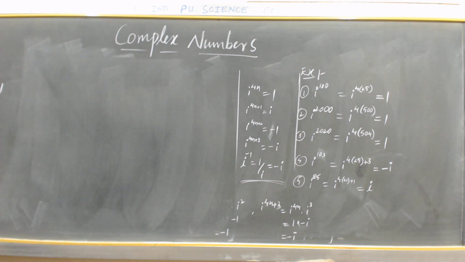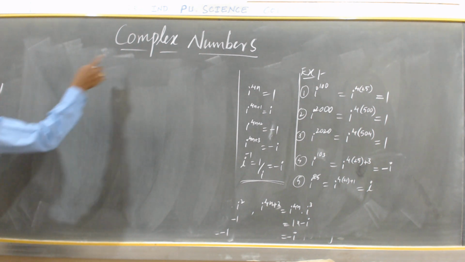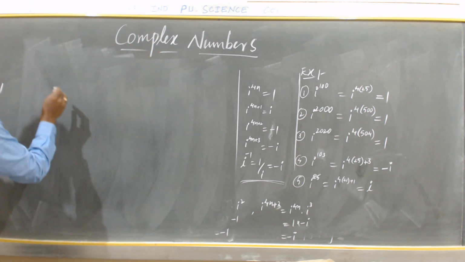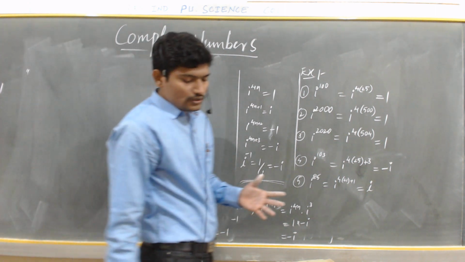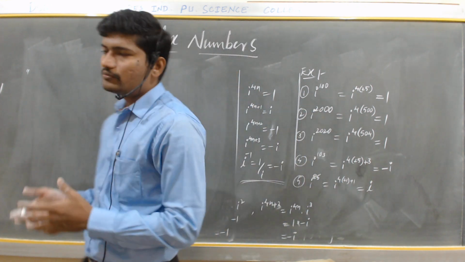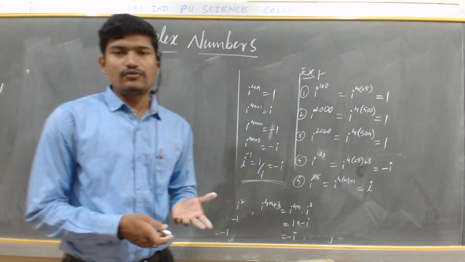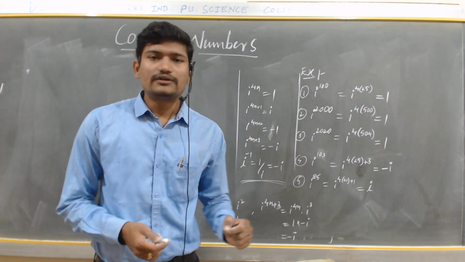Today we will discuss the definition only. Complex number, generally I will explain. See, complex number means, given two real numbers a and b, which can be expressed in the form a plus ib, and it is denoted by capital letter z.